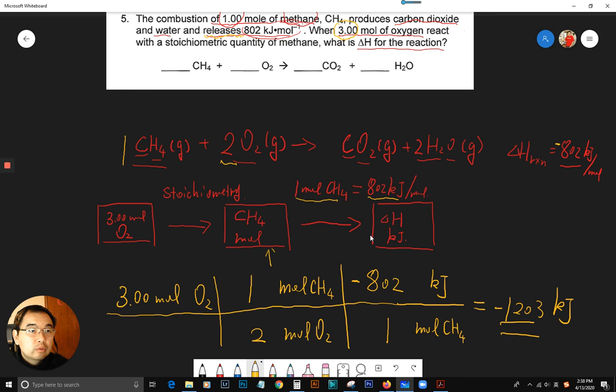Then let's check the sig figs. This is 3 sig figs, and this is 3 sig figs, so the final answer is going to be 3 sig figs. So the answer is negative 1.20 times 10 to the 3 kilojoule.